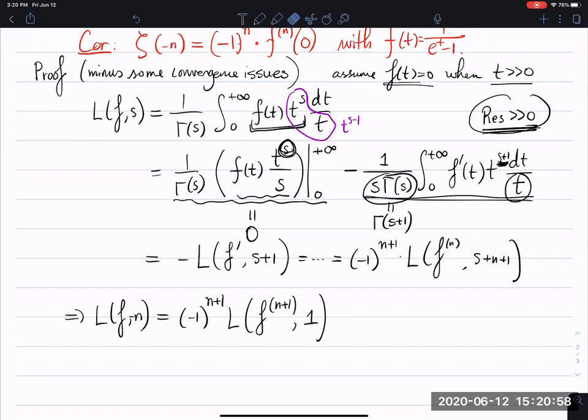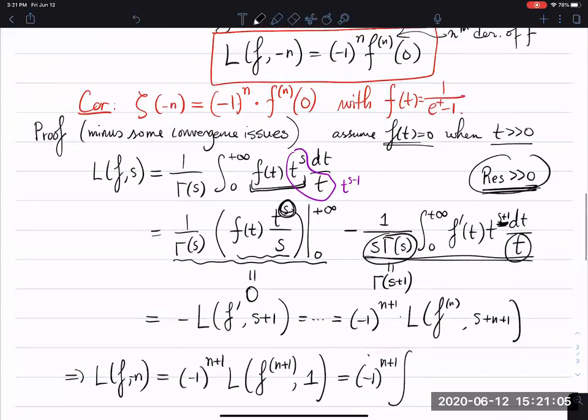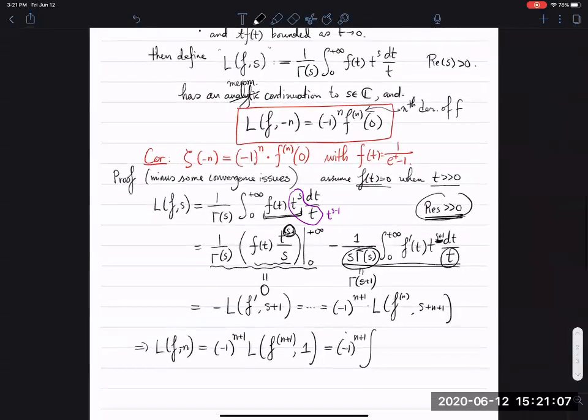Let's zoom out a little bit. If you evaluate s equals 1 in this expression, gamma(1) is 1, and you just get the integration from 0 to infinity of the (n+1)th derivative of f(t) dt. That's essentially (-1)^n times the nth derivative of f at 0.